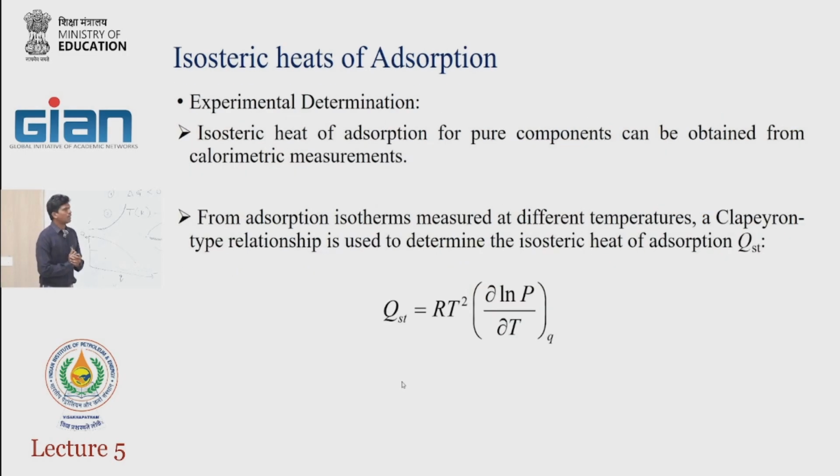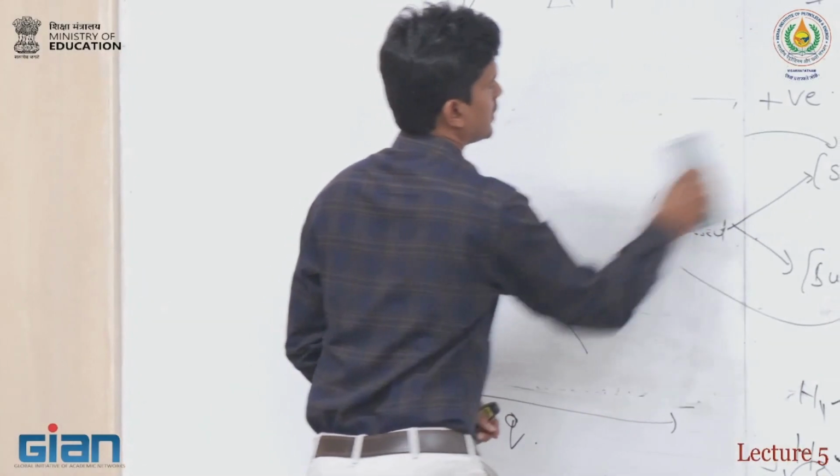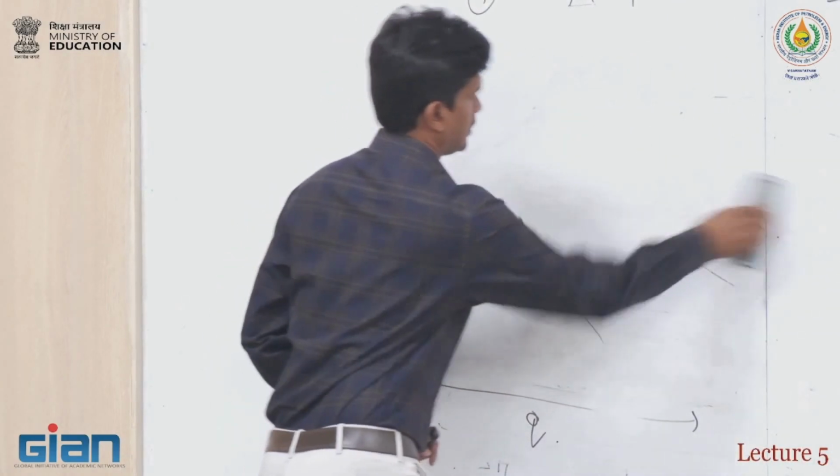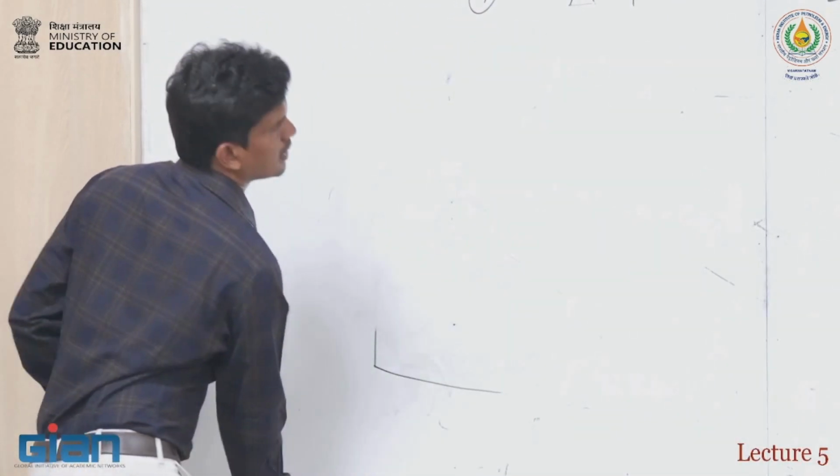Good. How do we measure it? Experimentally we can do it in two ways. One is from calorimetric measurements: you add a few gas molecules, see the increase in temperature, and then calculate back. Otherwise we can calculate it from the adsorption isotherms. What we have to do here is use the Clapeyron equation.